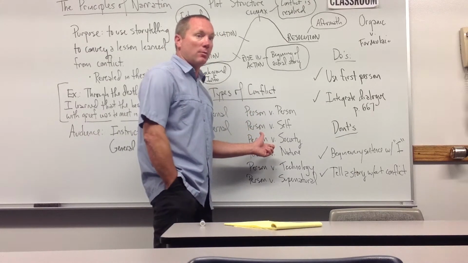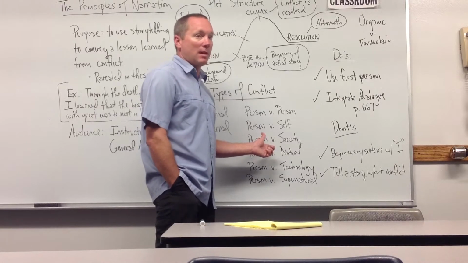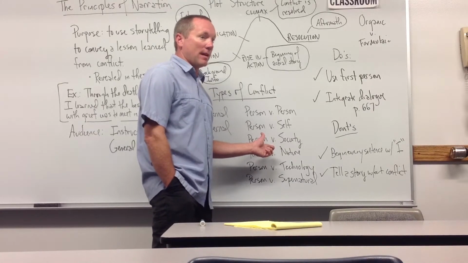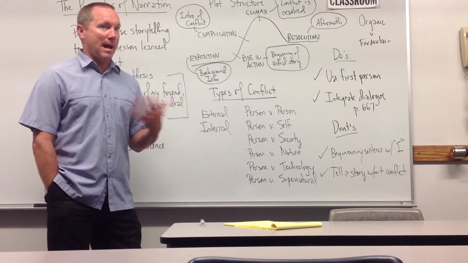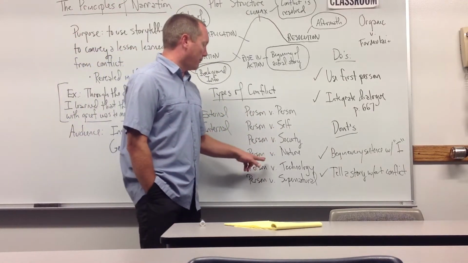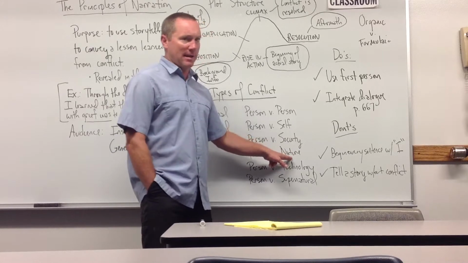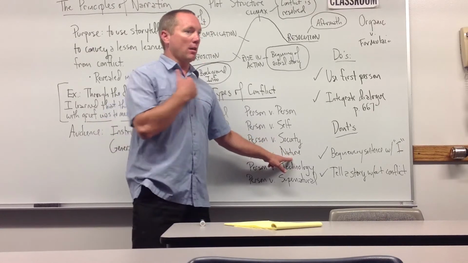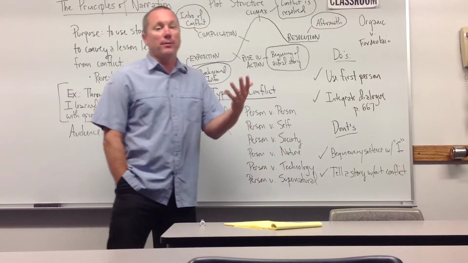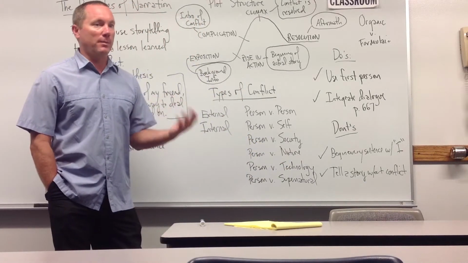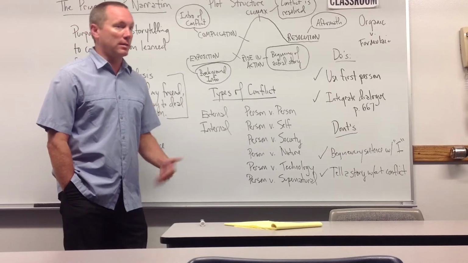This can come in lots of ways: sexism, classism, racism, things of that nature, the way the educational system may have held you back or something like that. Person versus nature. In this day and age, in this country, a lot of us don't have personal struggles with nature, but I don't know if you have gone through a really bad storm, a tornado, flood, something like that.